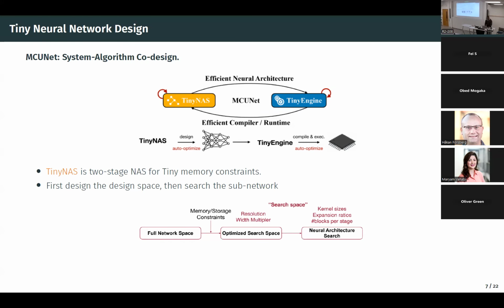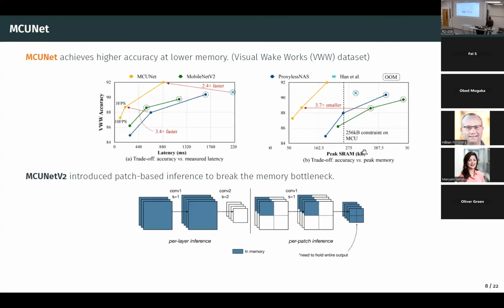So they performed a benchmark on the Visual Wake Words dataset. This is where the model is able to detect either a person or a building, such a thing. And then they were able to fit this into a microcontroller.